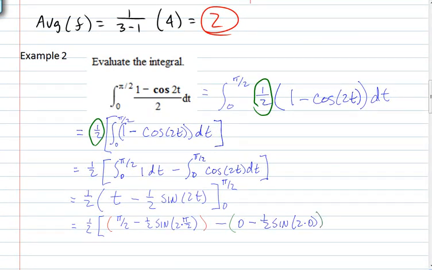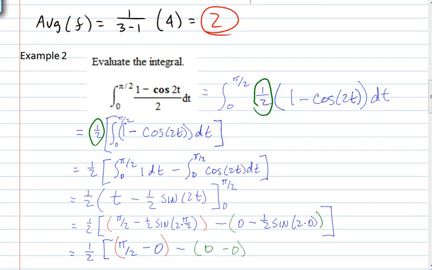And now we take care of the arithmetic. I'm just showing every algebraic step I can. So this is 1/2 times pi over 2. Sine of 2 times pi over 2 is sine of pi, and sine of pi is 0, and 0 times 1/2 is 0. So my upper bound gives me pi over 2 minus my lower bound, 0 minus 0.